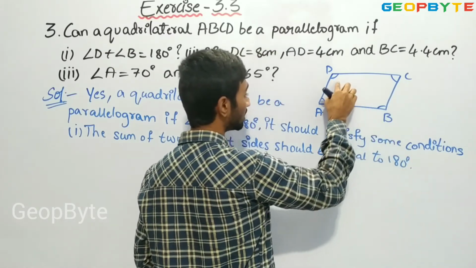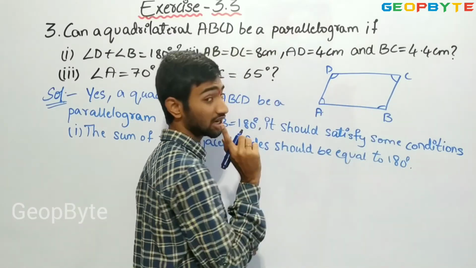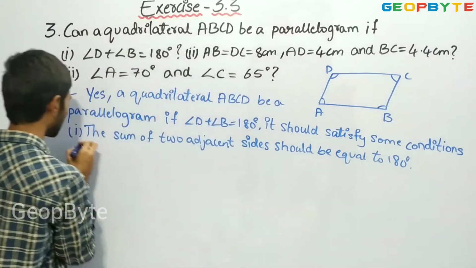So if we add the two adjacent angles, it should be equal to 180 degrees.